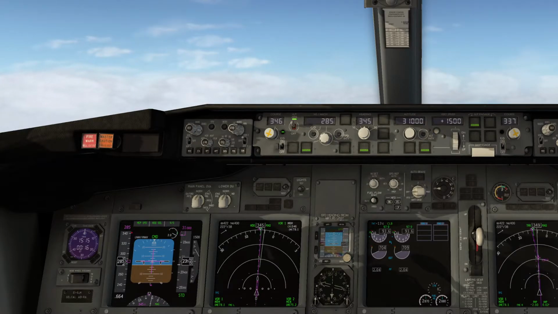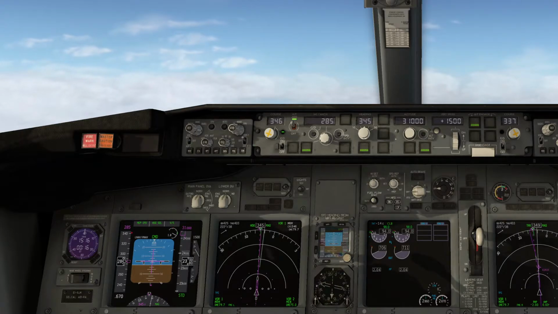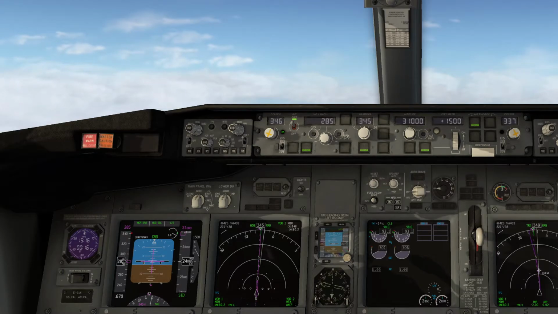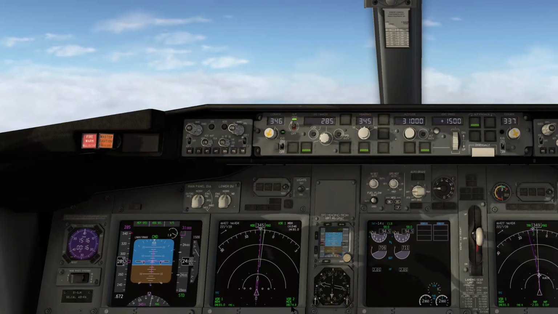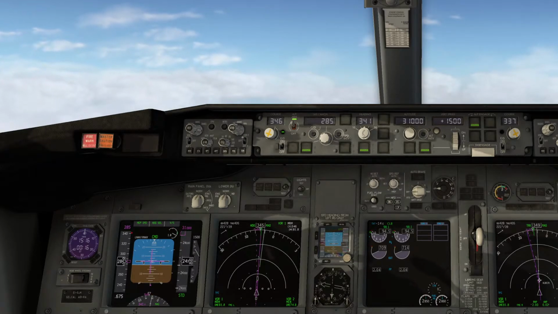Mike Romeo Mike 78 nautical miles, 4 miles to go. We turn left on 337.